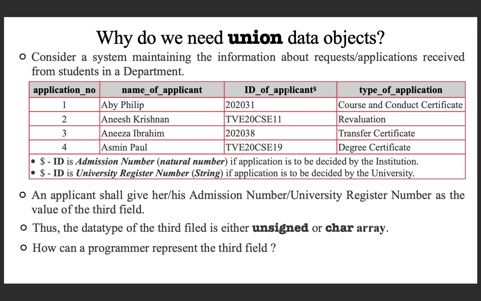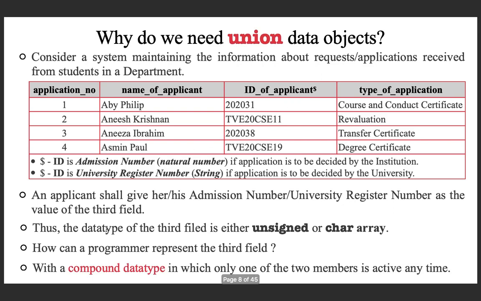If you have the freedom to have two different fields, maybe university ID and college ID, that is easy, you can have a structure. But suppose that is not allowed, because for the application which is forwarded to the university, the admission number is irrelevant, and if it is in the college, it is relevant. So this is the particular programming requirement. How will you deal with it?